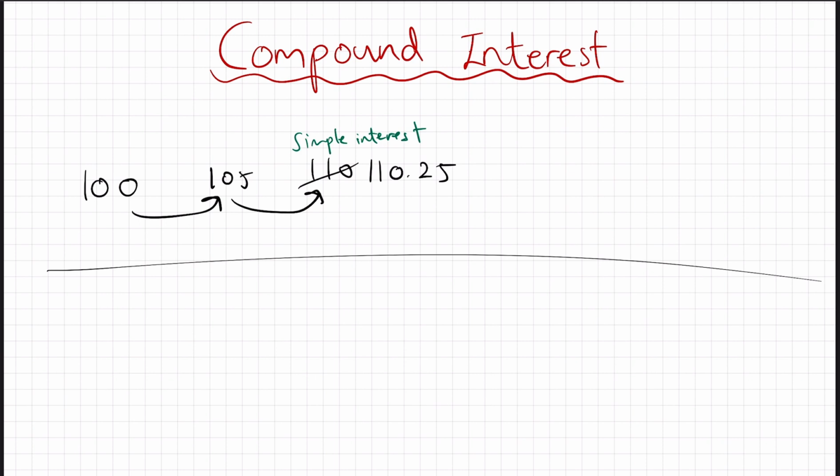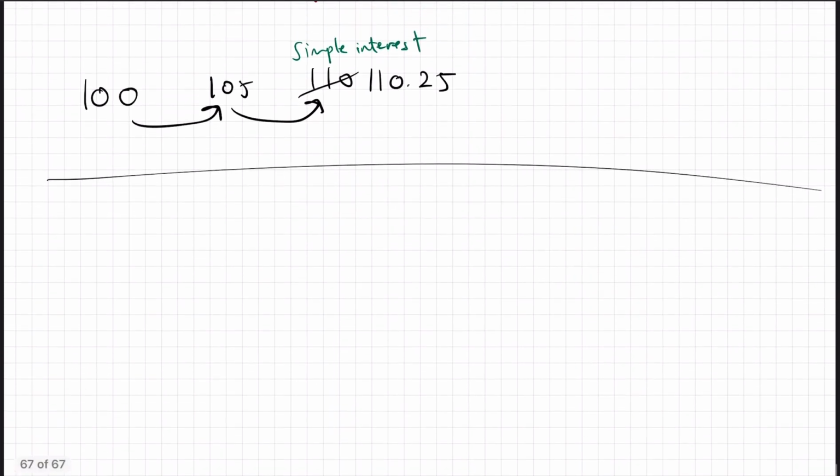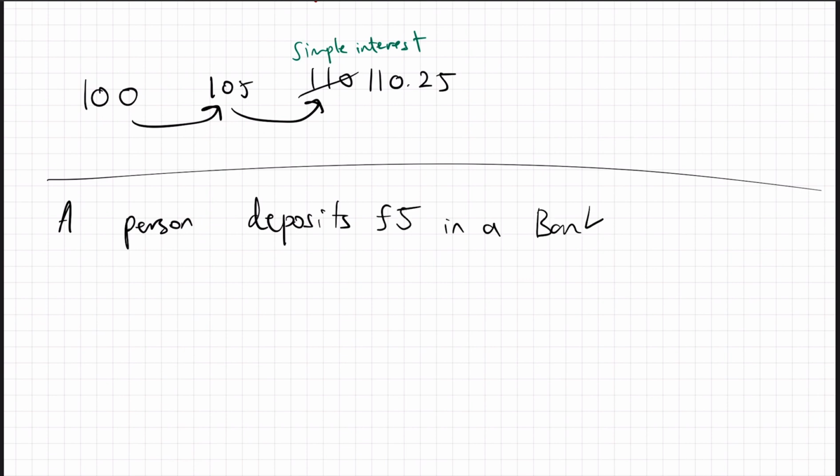Now it's really simple. Let's say we had a person deposits £5 in a bank. Okay, the bank pays, let's say 15% annual interest.